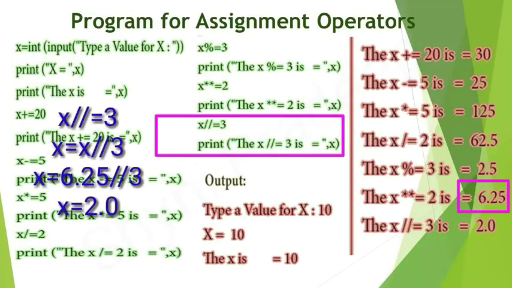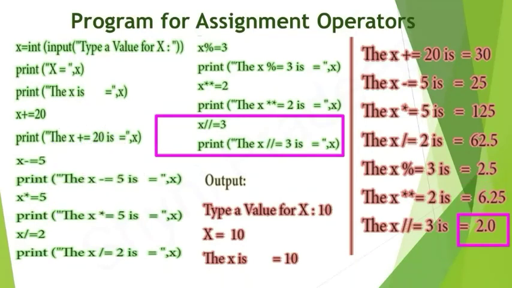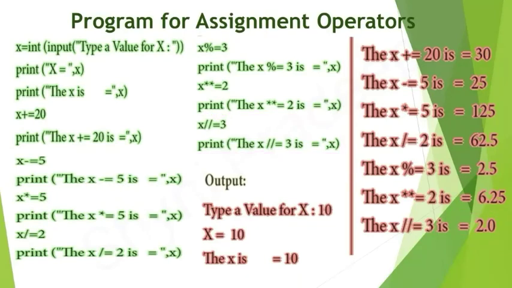We already discussed floor division in arithmetic operators. It returns the quotient value of the division without decimal values. Divide 6.25 by 3 and take the 2 only. This is the quotient value, 2. So this is about the assignment operator.